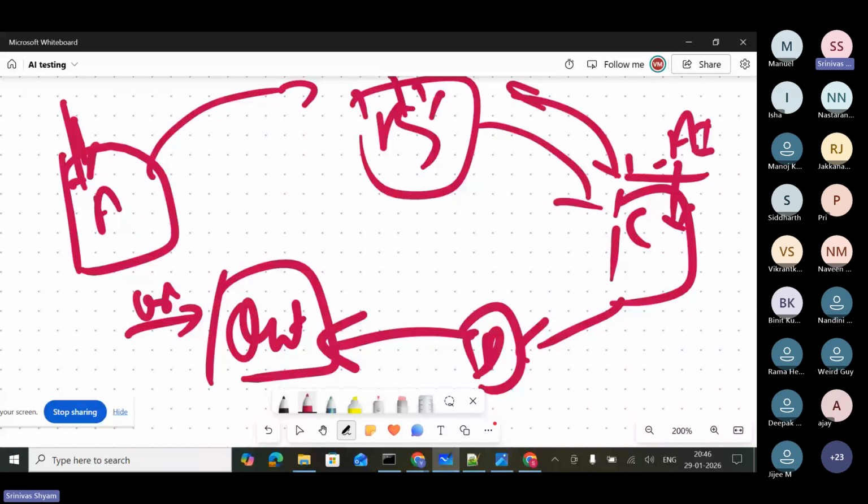Think about it like this. For example, A is a receptionist. B is let's say a manager. C is let's say the founder. And D is, for example, someone who is handing over that important file, which the receptionist gave to the manager, manager to founder.